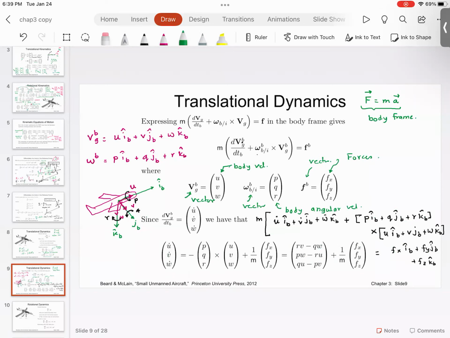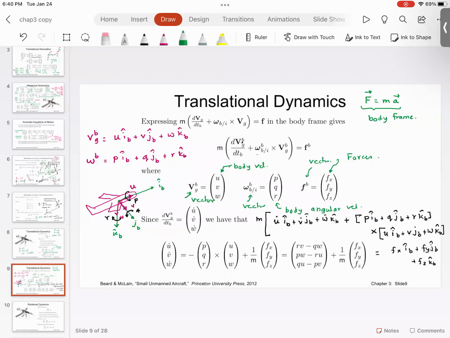If you perform this calculation, and at the end collect the terms corresponding to IB, the terms corresponding to JB, and the terms corresponding to KB, you are going to get this would be the expression for IB, this would be the expression for JB, and this would be the expression for KB. Everyone understood this? I can do that, but at the end of the day, you are going to get the exact same equation.